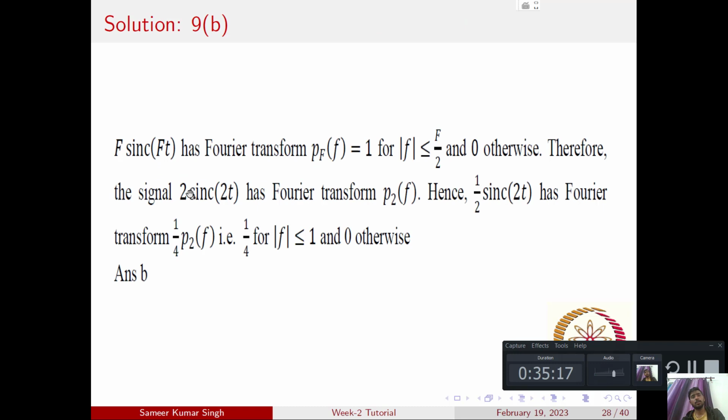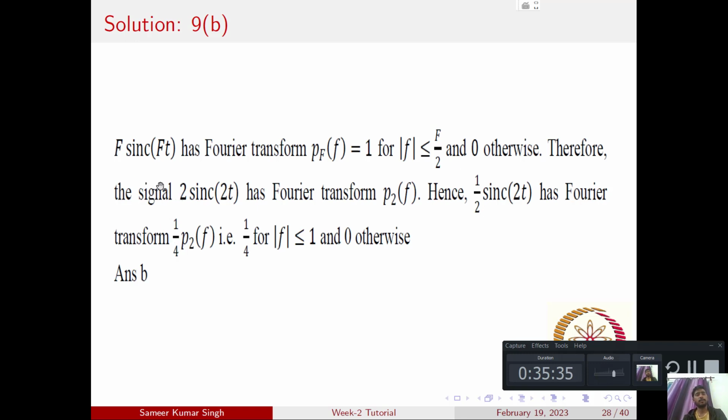The answer will be part B. Generally, as we know, sinc(ft) has a Fourier transform equal to 1 from minus f by 2 to plus f by 2, otherwise it will become 0.